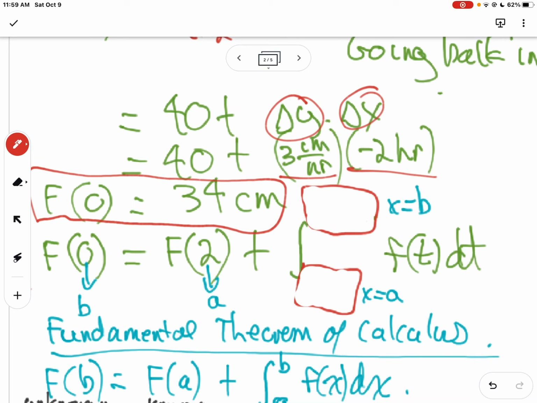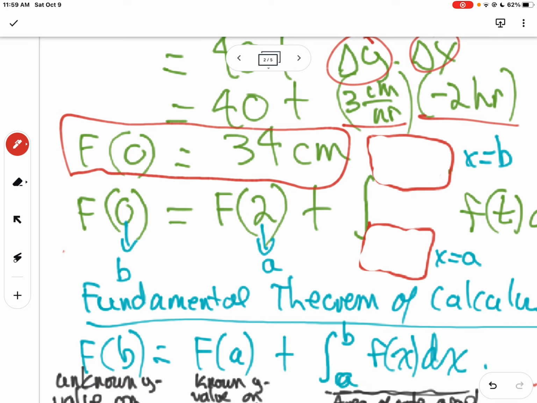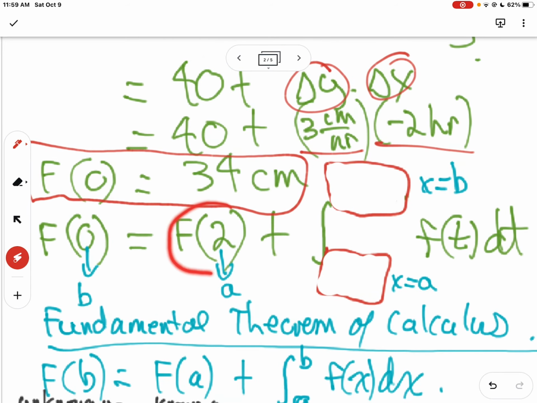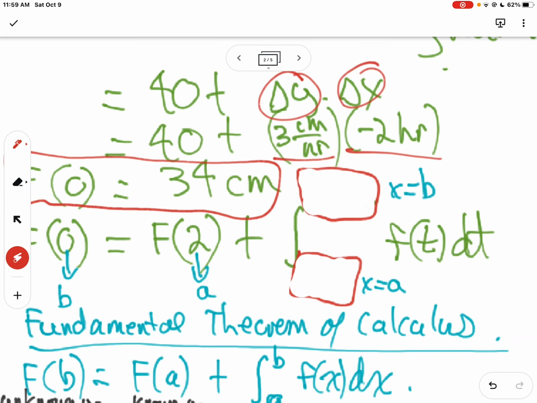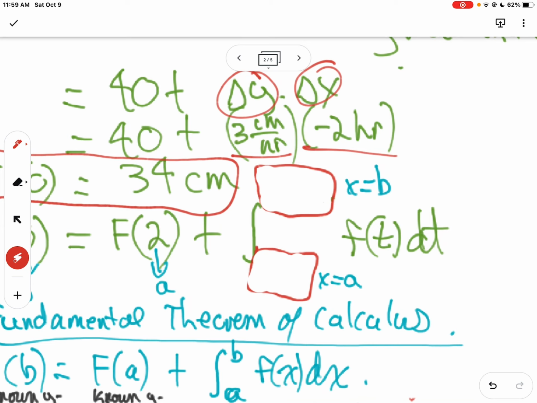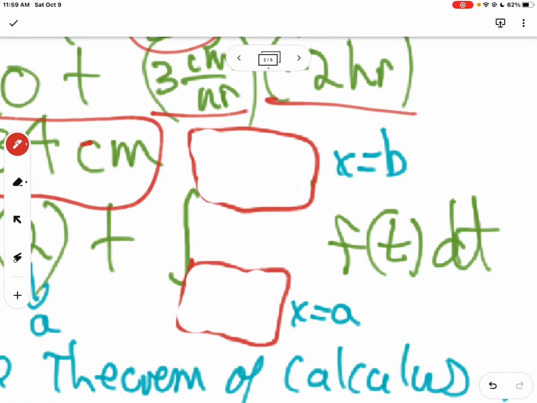So what we need to start doing, though, is start developing some calculus-based notation for this. So this is what I'm trying to figure out right here, F at 0. And then what I'm doing is I'm taking F at 2, which is the known value of 40. And then I've got this integral symbol, which means add up all the area between two x values.